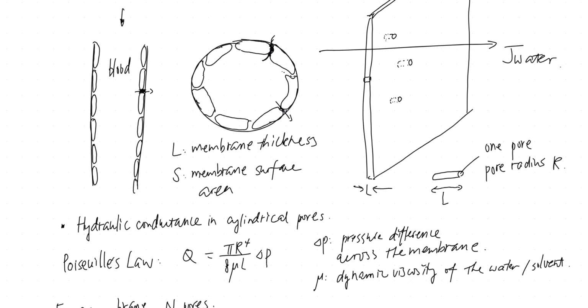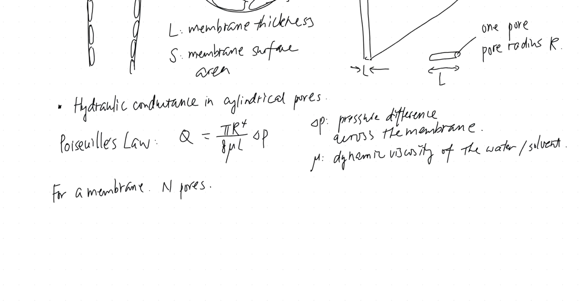If it's not straight, then the effective length of the pore is longer than the thickness of the wall. So you may have a correction factor to consider this.